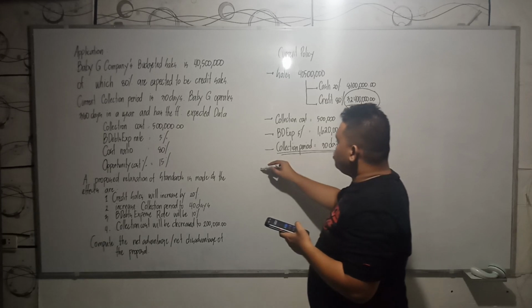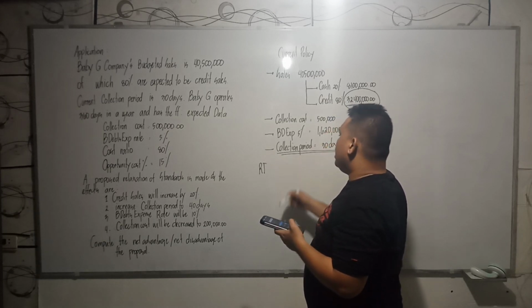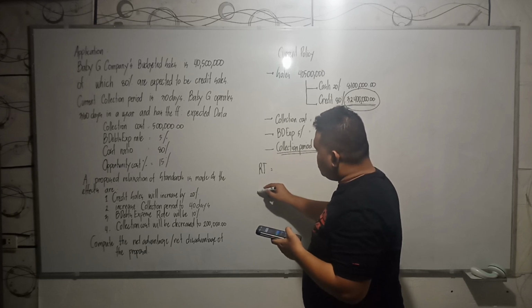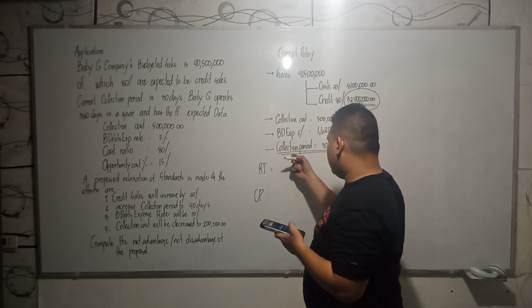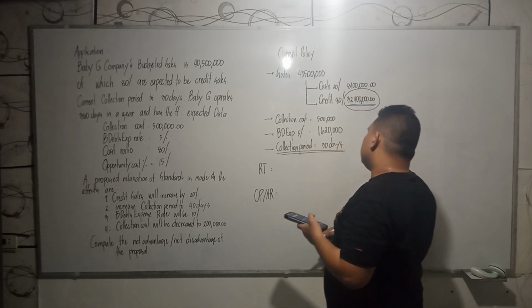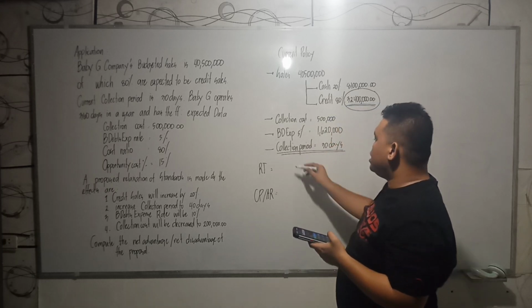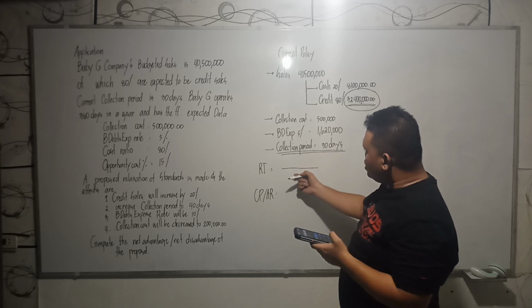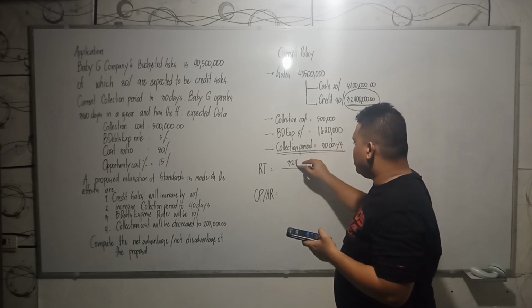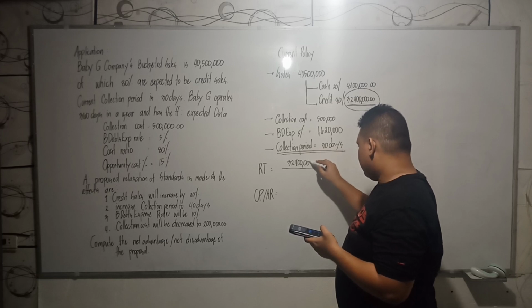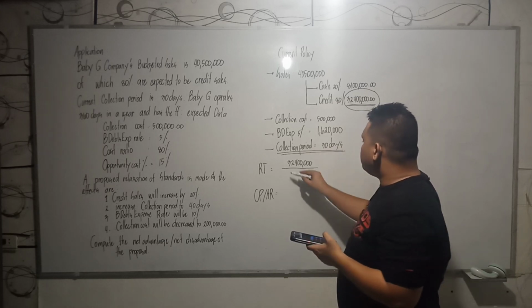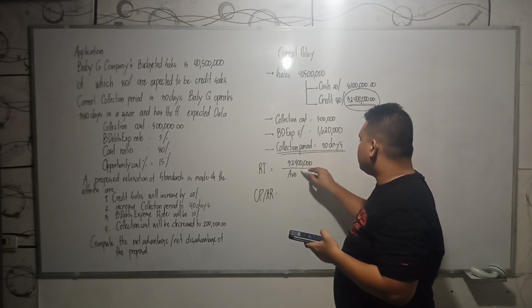I told you that you have to have the receivable turnover, and you also have the collection period, or the age of receivables. So, what are the formulas again of this one? The first one is the credit sales, so we have 32,400,000. You use that. And then, the average receivables, which we don't know yet.